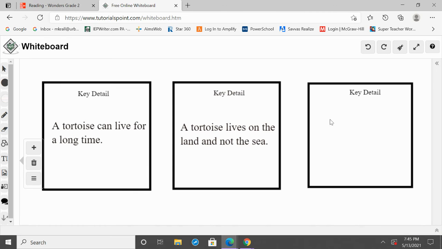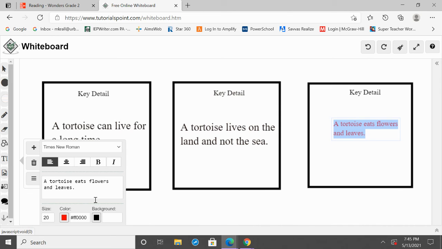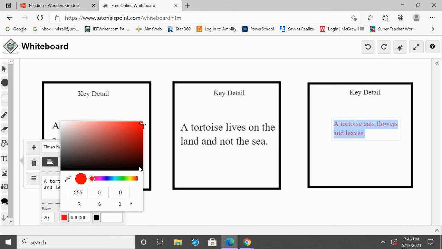So a tortoise eats flowers and leaves. That is important to know if we're learning about a tortoise. That's an important fact, is what do they eat?